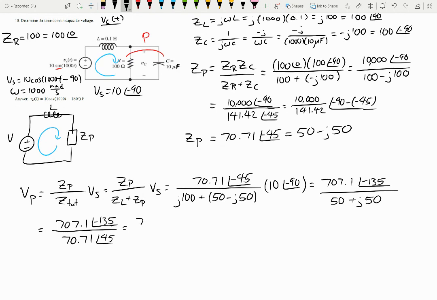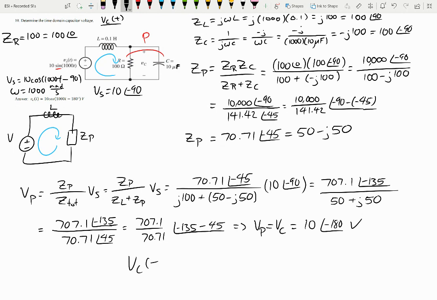Dividing those out, 707.1 over 70.71, negative 135 minus 45. Therefore, the voltage of P, which is equal to the voltage of C, is equal to 10 at angle negative 180 volts.